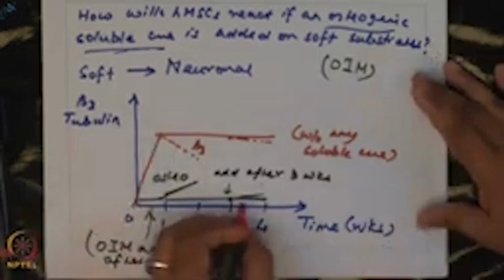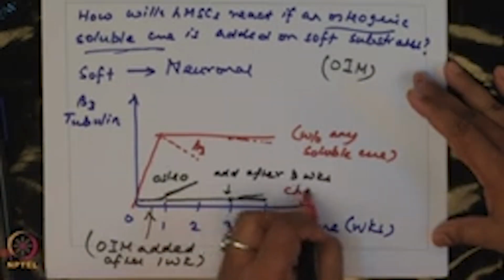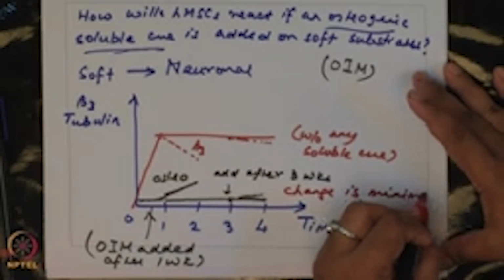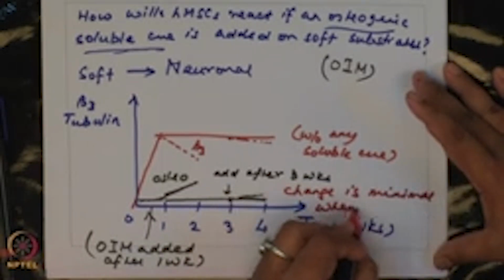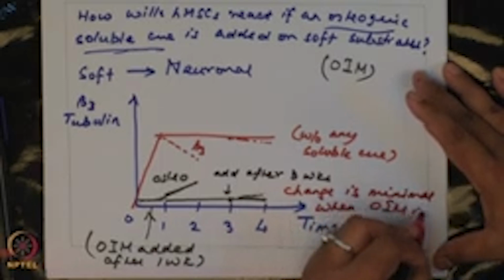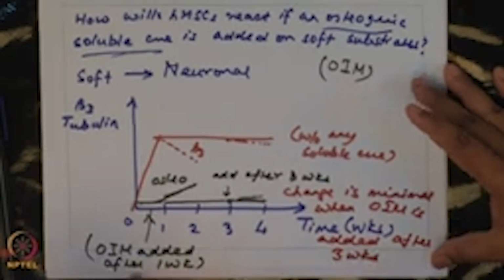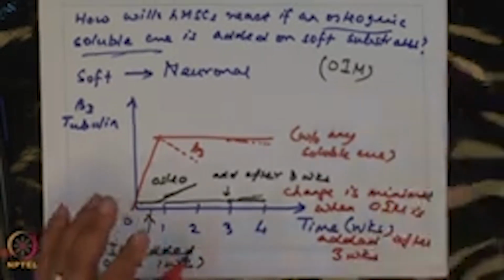So, the change is minimal when OIM is added after 3 weeks. So, this shows that this is a dynamic process.